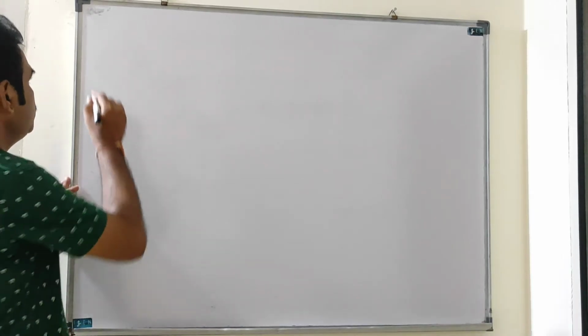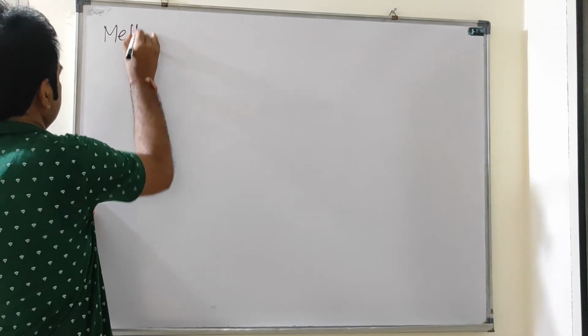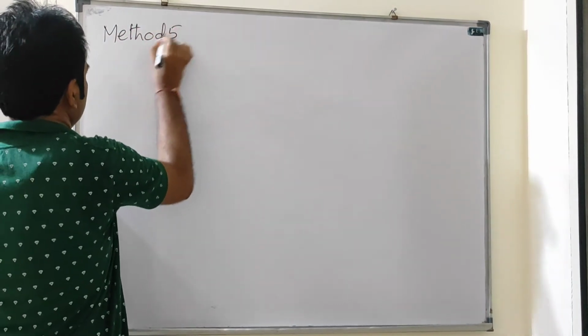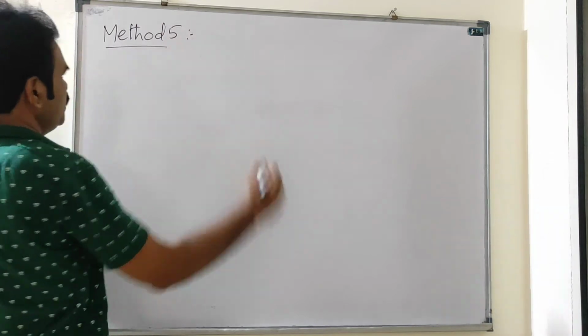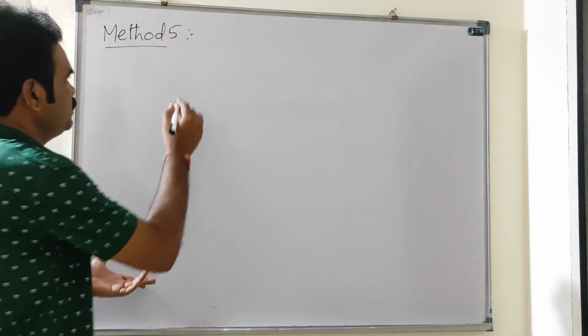Next, method 5, to find an integrating factor of M dx plus N dy equal to 0.